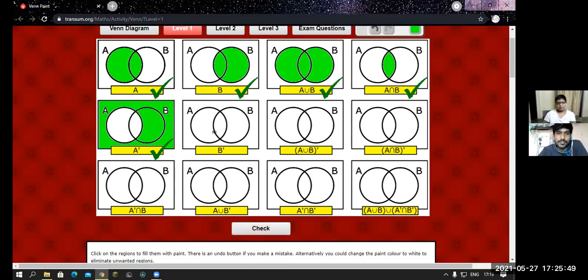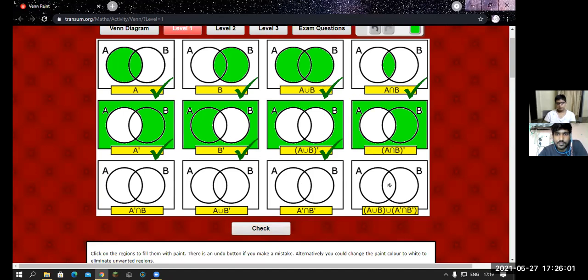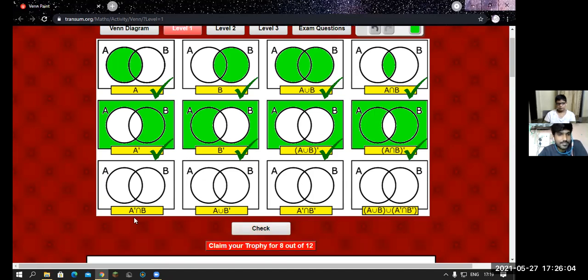B complement. A complement intersection B. A complement.